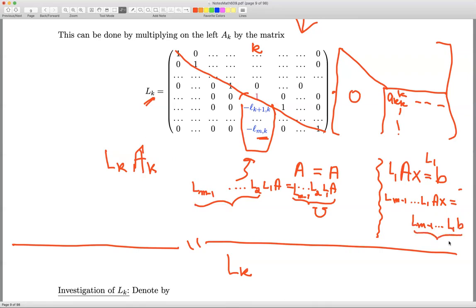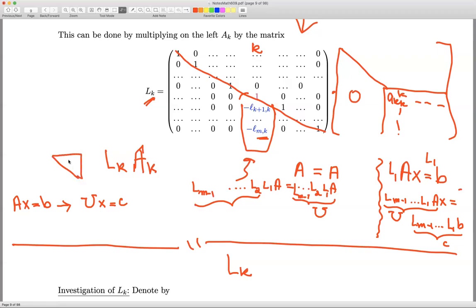So this will be some new vector, which will be C, and this here will be exactly the upper triangular matrix U. So using Gauss elimination, every system Ax is equal to B can be rewritten in the form Ux is equal to C, where U is an upper triangular matrix.